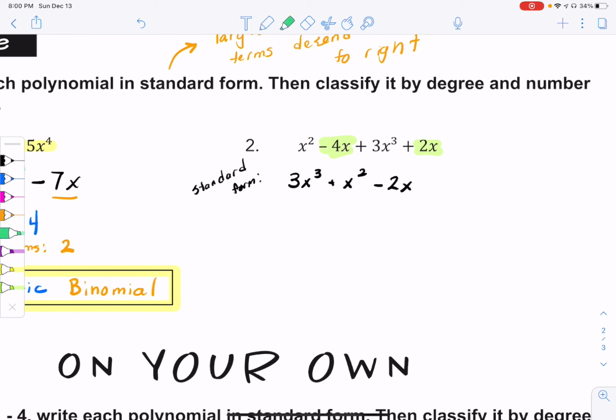And from here we can see that our degree is 3, and we have 3 terms. If I was to label this using the degree, it's a cubic, and the number of terms is trinomial.